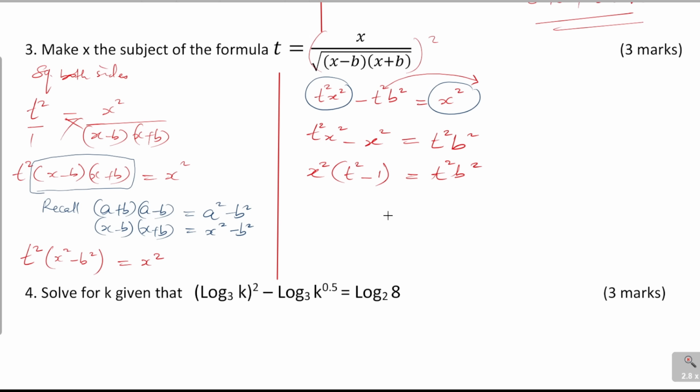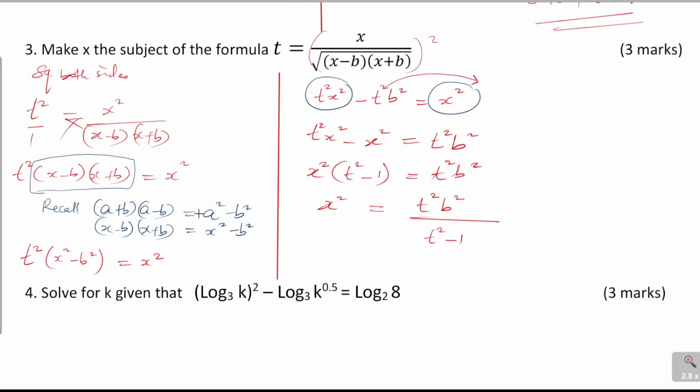Now it is easier from here, because you're making x the subject, you want to eliminate everything from the left hand side and remain with x squared. So divide both sides by t squared minus 1. This will give x squared is equal to t squared b squared divided by t squared minus 1. So what we've done is simply dividing both sides by t squared minus 1.